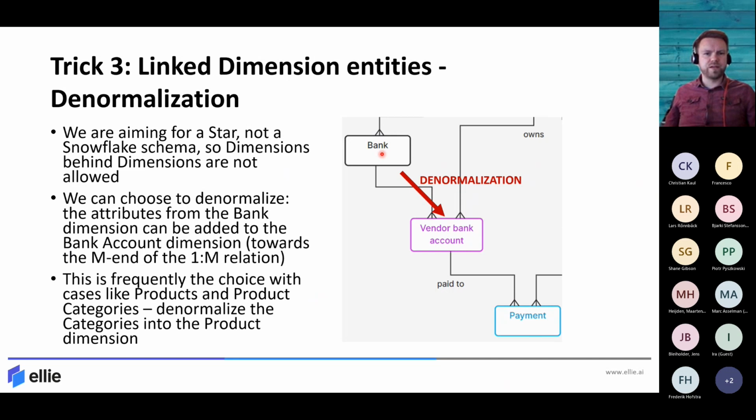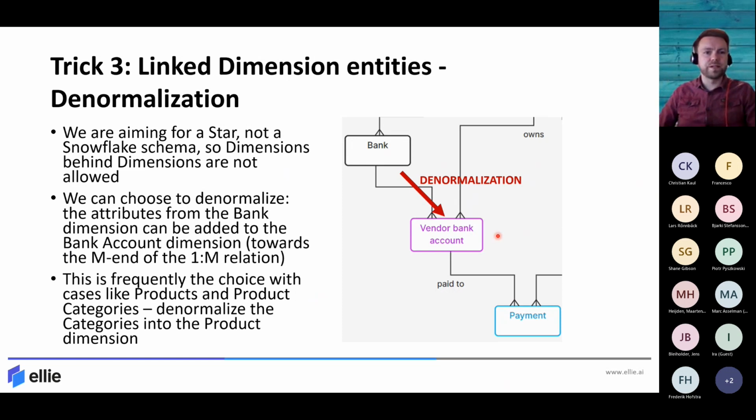So for the bank, for example, we could denormalize the bank dimension into the vendor bank account dimension, saying that the dimension grain is on the account level, but we will just denormalize all the bank related attributes into it.